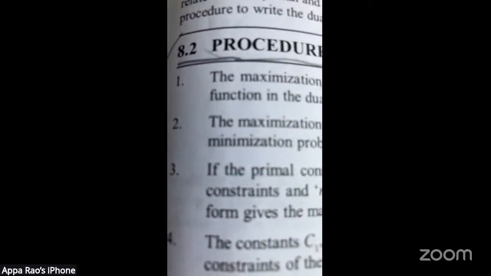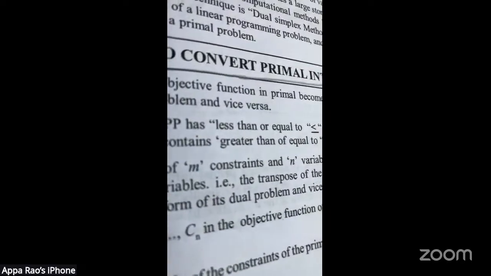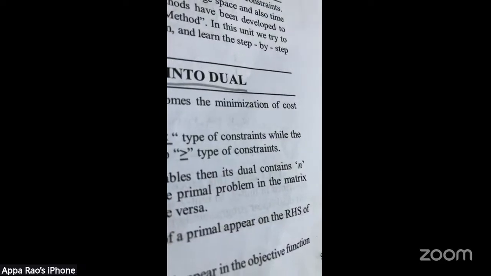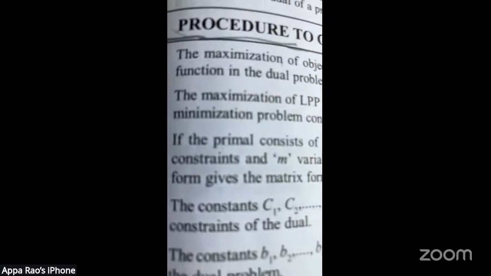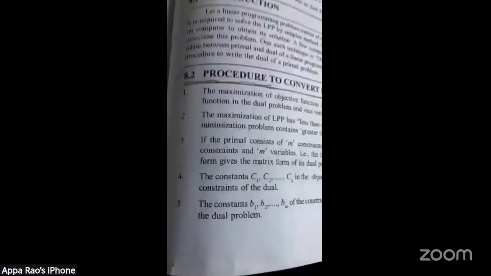The maximization LPP has less than or equal to type of constraints, while the minimization problem has greater than or equal to type of constraints.